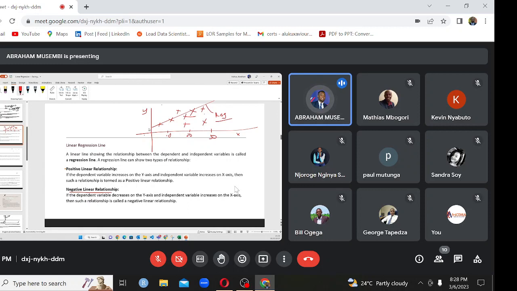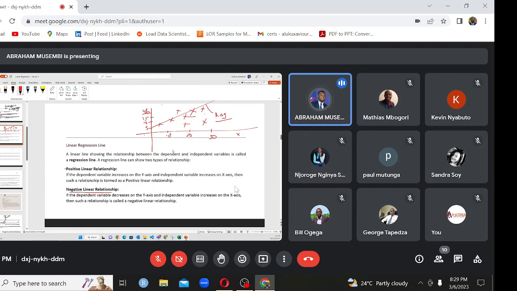And here we have maybe 5, 10, 15, and 20. So for a positive relationship, the variables should be moving in the same direction. Like if one is increasing, then the other variable should also be increasing.